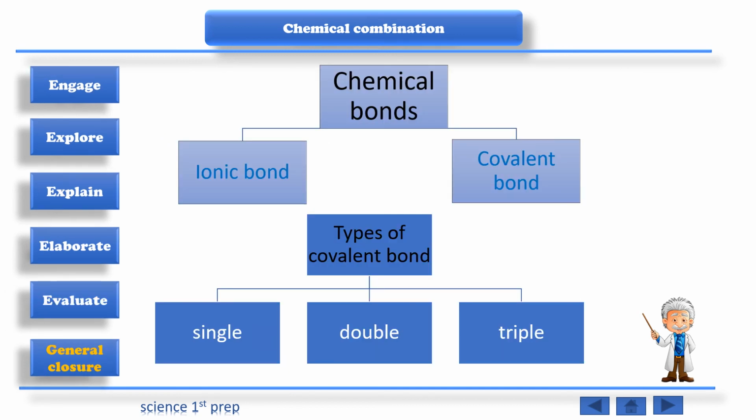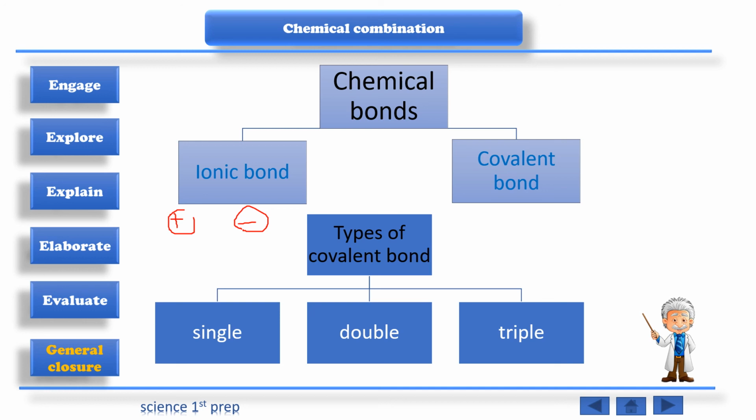Today we are talking about the chemical bonds, ionic and covalent bond. Ionic is the attraction between the positive ion of a metallic atom and the negative ion of a non-metallic element. And the covalent bond is between two non-metallic elements with sharing of electrons. We have 3 types.